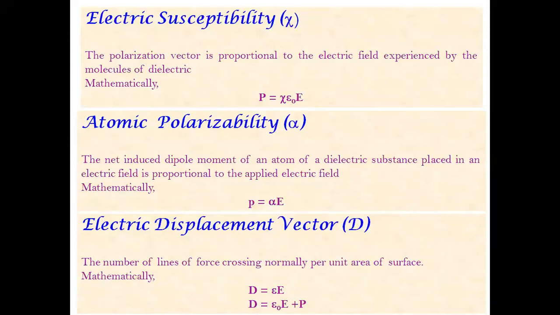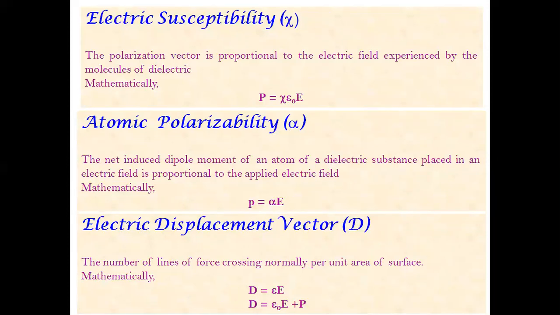Another parameter is atomic polarizability, which is denoted as alpha. What is it? The same argument is applicable here. The dipole moment of an atom of a dielectric material is proportional to the applied electric field.